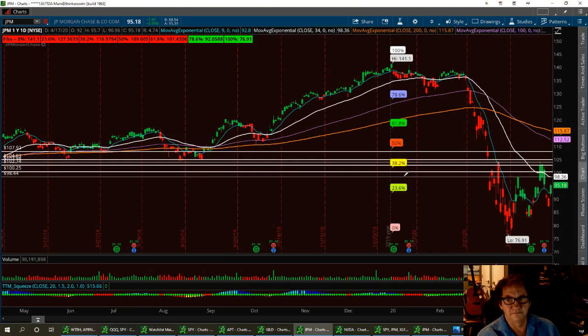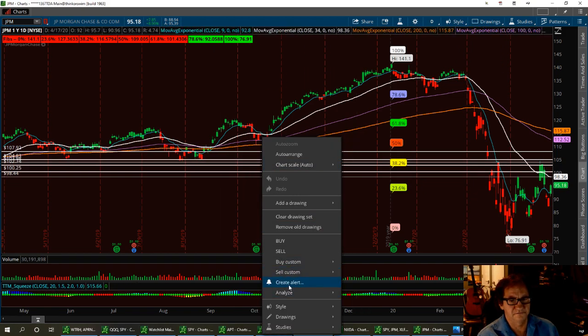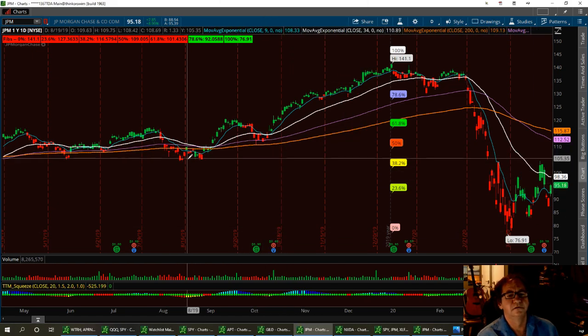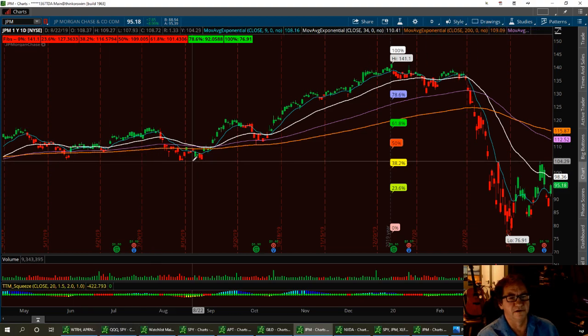Definitely the boss is back in town. We do have a resistance level, and I'm going to go ahead and clear this out. We got a triple bottom right here of maybe a pivot point between what we had on the yearly chart.